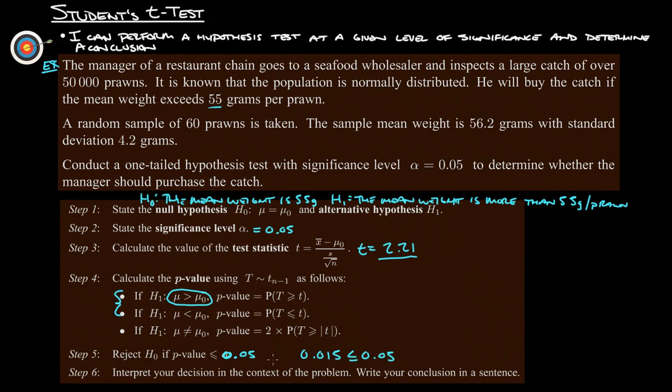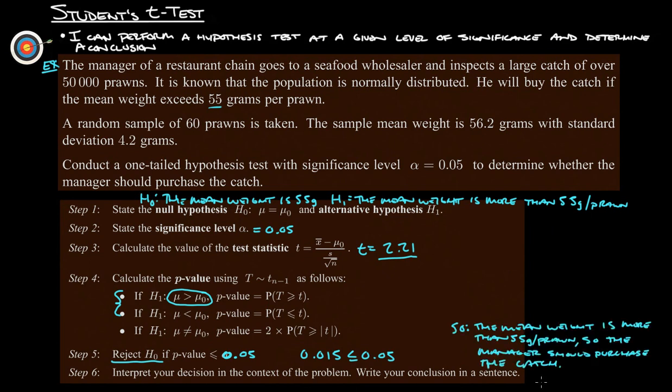So we are going to reject H0, which means the mean weight is not 55 grams; it's actually more than 55 grams per prawn. So we conclude that the mean weight exceeds 55 grams per prawn, so the manager should purchase the catch.